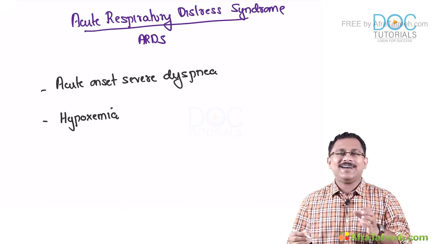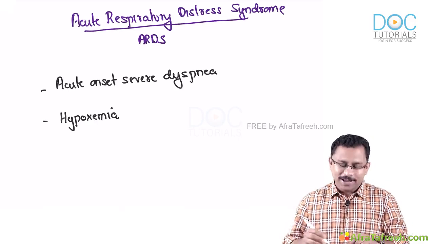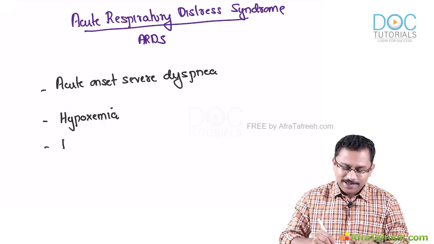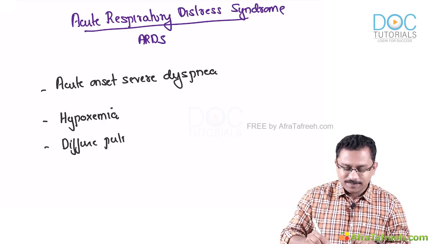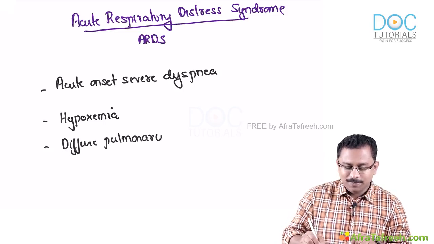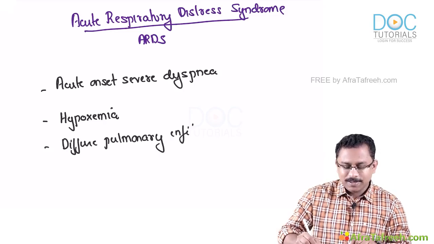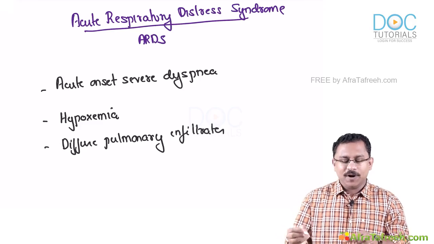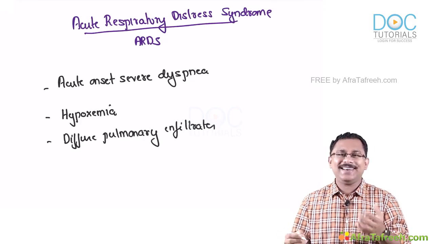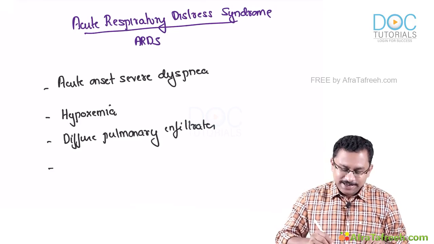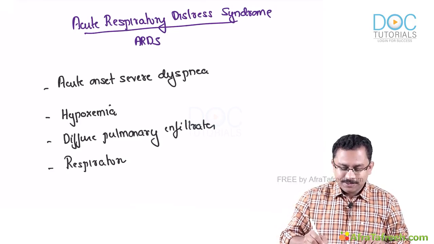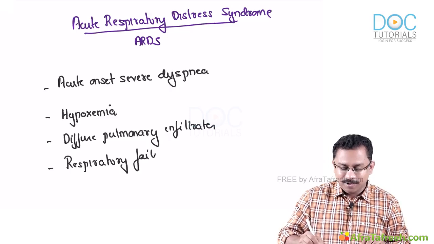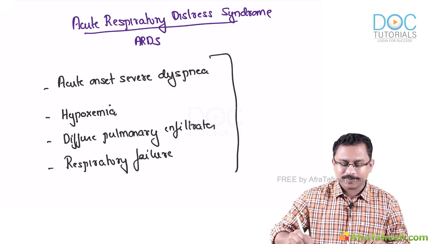And when you go for a chest X-ray or a CT thorax, you will find that the patient is having diffuse pulmonary infiltrates. And if not appropriately identified and managed, this can lead on to respiratory failure. So that is the entity of ARDS.